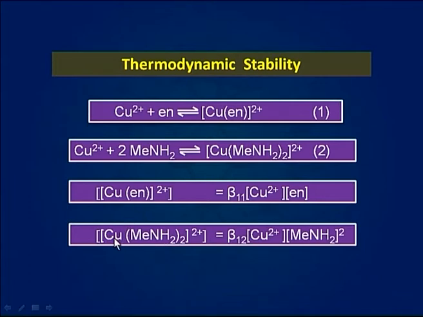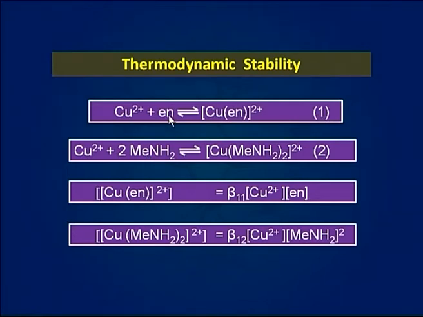Similarly, the concentration of dimethylamine copper 2 plus will be equal to equilibrium constant beta 12 times the concentration of copper 2 plus times the concentration of methylamine, whole squared. The square brackets here indicate the concentrations and the subscripts to beta indicate the stoichiometry. That is, beta 11 represents 1 ion of copper 2 plus and 1 of ethylene diamine, and beta 12 represents 1 ion of copper 2 plus and 2 molecules of monodentate ligand methylamine.